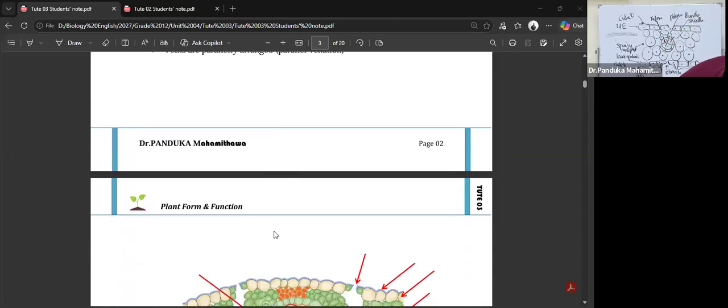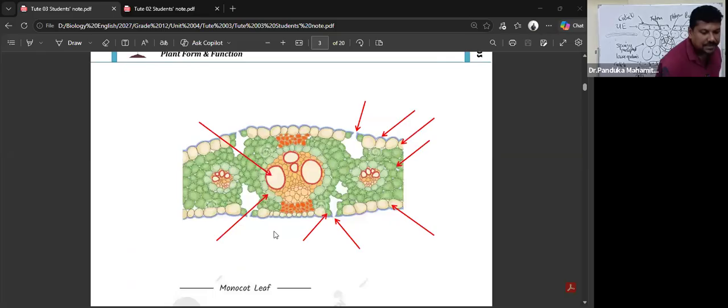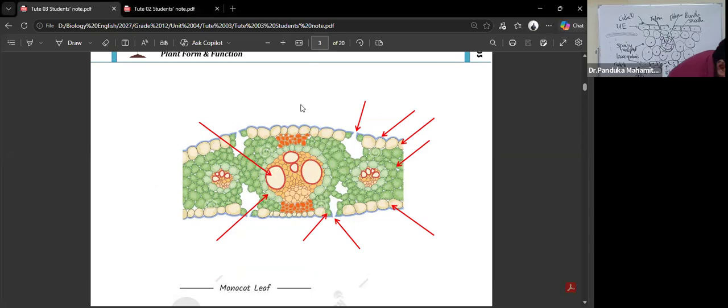So shall we quickly name these parts in your tute? I'll name them on the same screen using my cursor. Look at my cursor. This is the stomata in the upper epidermis. This arrow is again stomata in the lower epidermis, and this one is cuticle.